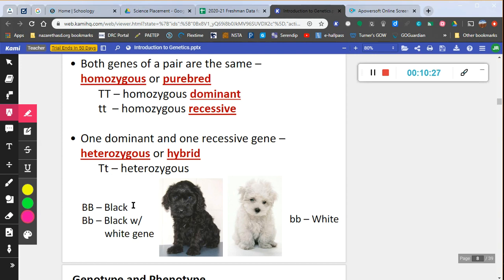Now, individuals that have at least one copy of the dominant gene, whether you are homozygous dominant or heterozygous, express the dominant trait, which in this case is having black fur. Individuals that are homozygous recessive, having two copies of a recessive allele, show the recessive trait, which is white fur in this case.